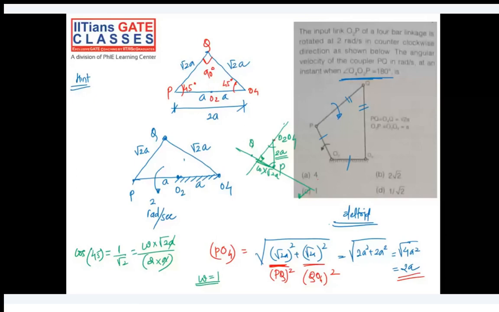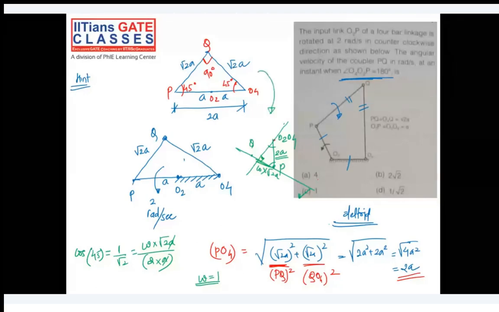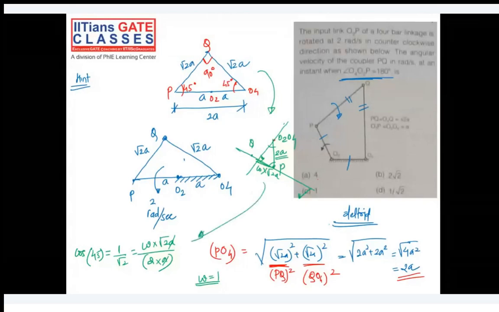So it was not a very straightforward question, but if you link it using our method, if you know how to draw the velocity triangle, you should be able to do it. Okay, so no need to exactly draw it, just roughly if you draw and get those points, this is the one step you have to use.